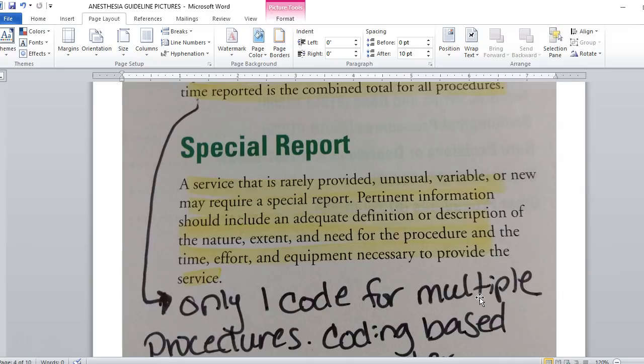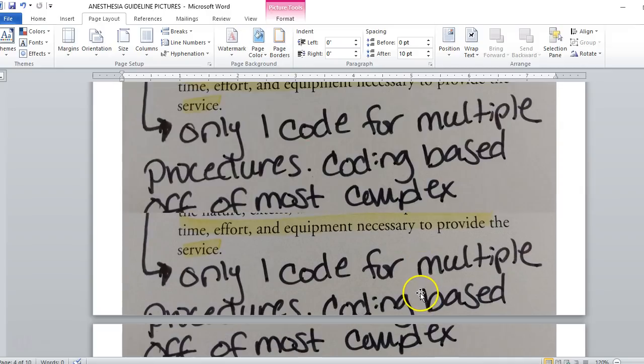Pertinent information should include adequate definition or description of the nature, extent, and need for the procedure, and time, effort, and equipment necessary to provide the service. So the anesthesiologist for my friend would describe her history, why it's important we try this, the reason we did it, the need for it, the effort they put in, the equipment they put in, and then it would hopefully get paid by insurance.